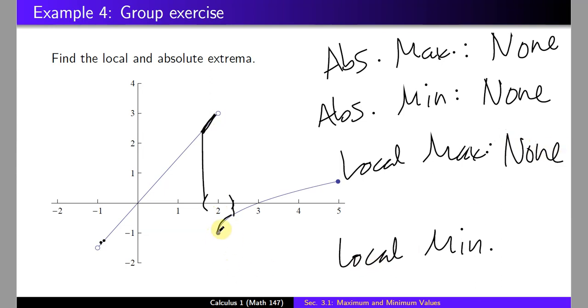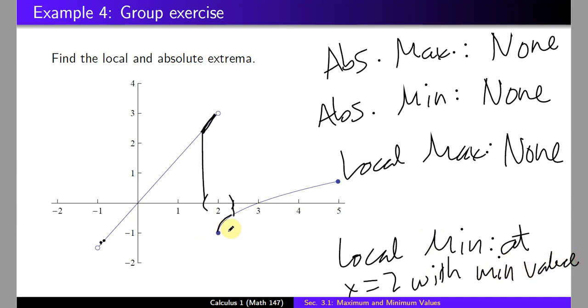However, there is a local minimum right here, and this occurs at x equals 2. This is going to be the smallest y value in this small interval that we chose here. So with min value of y equals, what is that? -1.